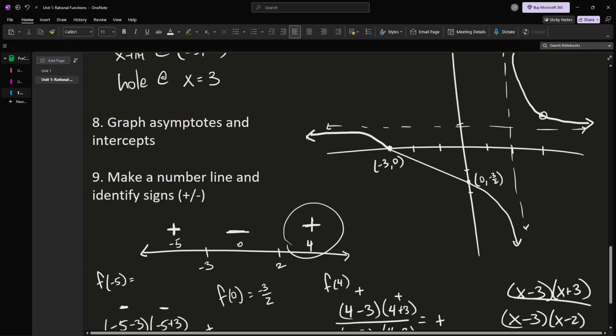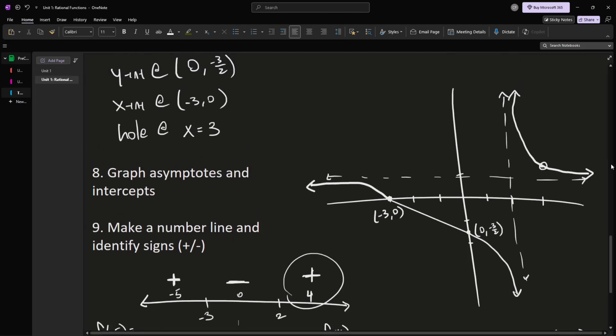So it must be positive from -3 to -infinity. From -3 to 2, it must be negative. And from 2 to positive infinity, it must be positive. Once you graph it, connecting all the lines, no big gaps except for where asymptotes are, you then put where your hole is. And that is all you need for rational functions.